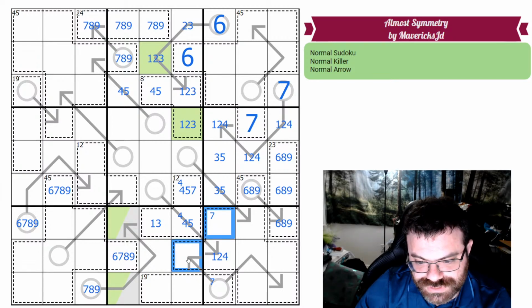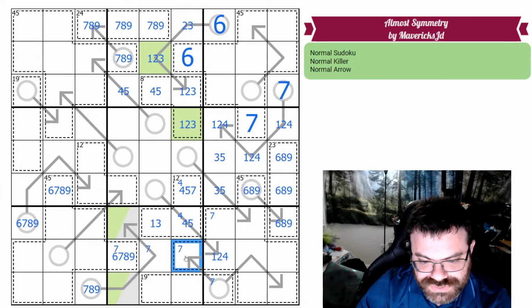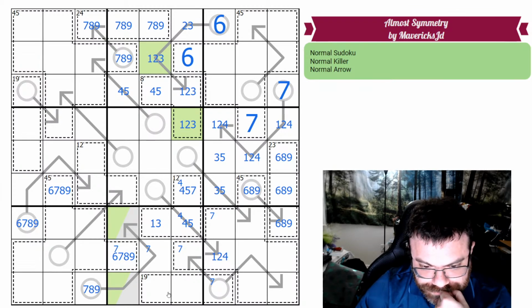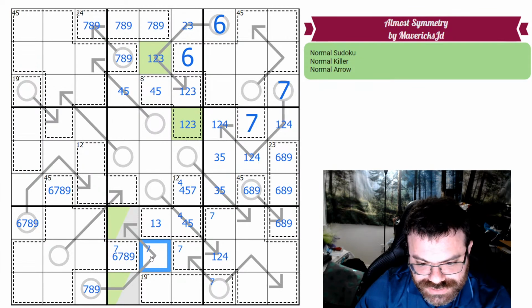If both of these were 7, I have a 7 down here. If both of these were 7, 7 up here. Either way, there's no 7 here. There's no 7s here. So there is a 7 in one of these 3. I don't think there can be a 7 on a 3-cell arrow.